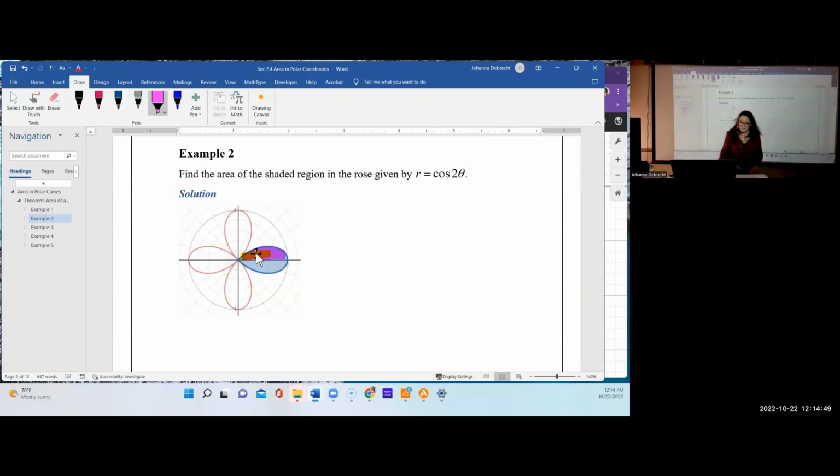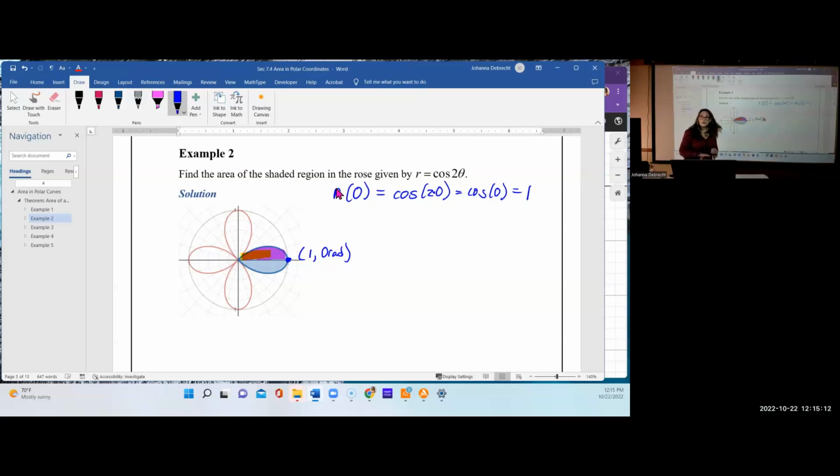So when I plug this value in, I'm testing r of 0 radians, which gives me the cosine of 2 times 0, which is equal to the cosine of 0, which of course is 1. So it is this point right here. This is 1, 0 radians. It is also 1, 0 in the rectangular coordinate system, just a fluke. So we have 1, 0 for both systems.